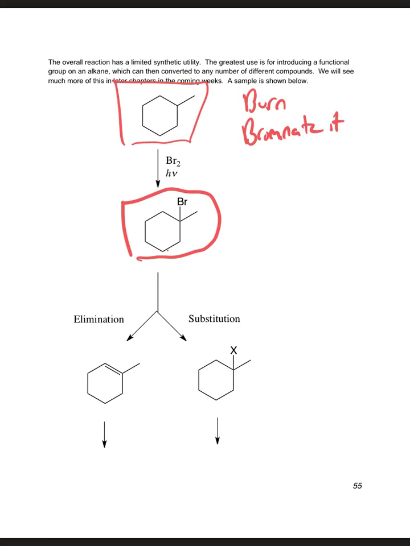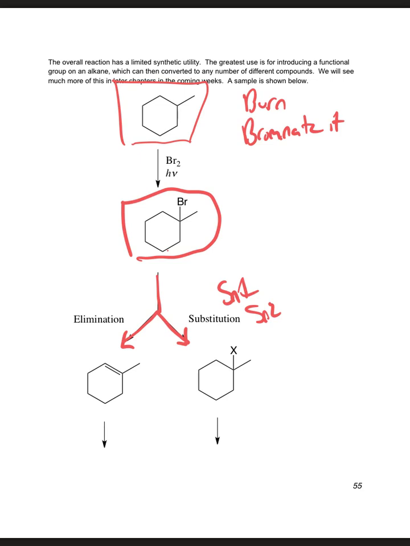Then we can take that on and cause it to eliminate to form an alkene, or we can do a substitution on it to form some other molecule by doing either an SN1 where we go through a cation, or an SN2 where we have direct displacement to give us a substituted product.